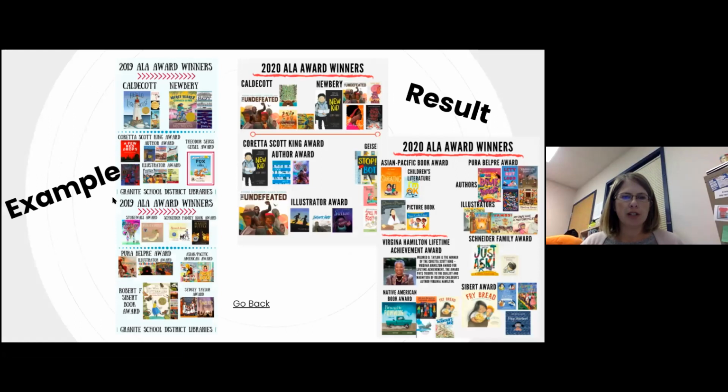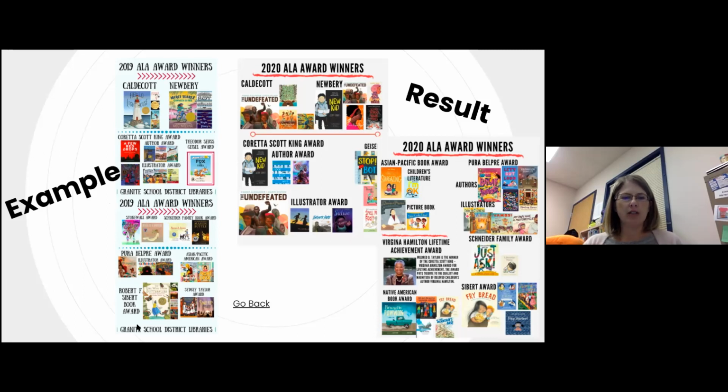For example, last year, the ALA award winners, I knew I wanted to promote those and put up a flyer in my library so that teachers and students could see what they were. But I couldn't really find any newsletter that was really visual that I liked. So instead, I went around to see what people had already created.